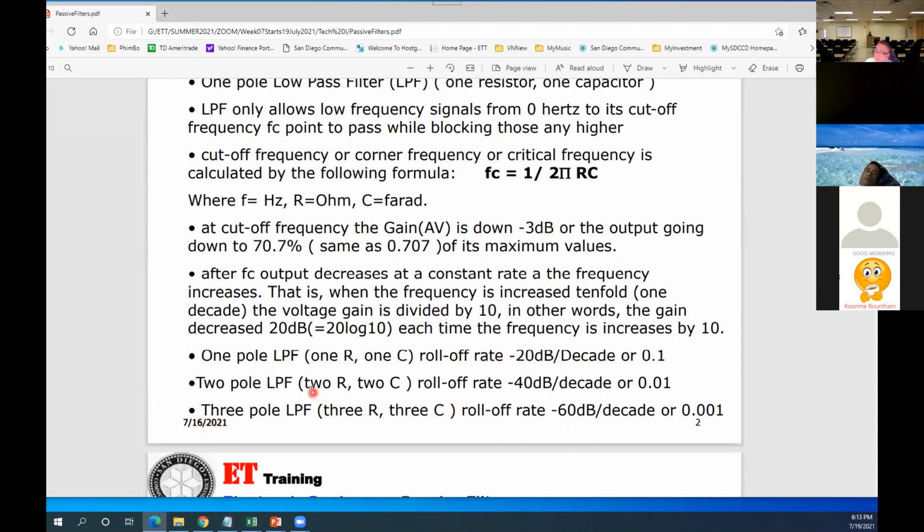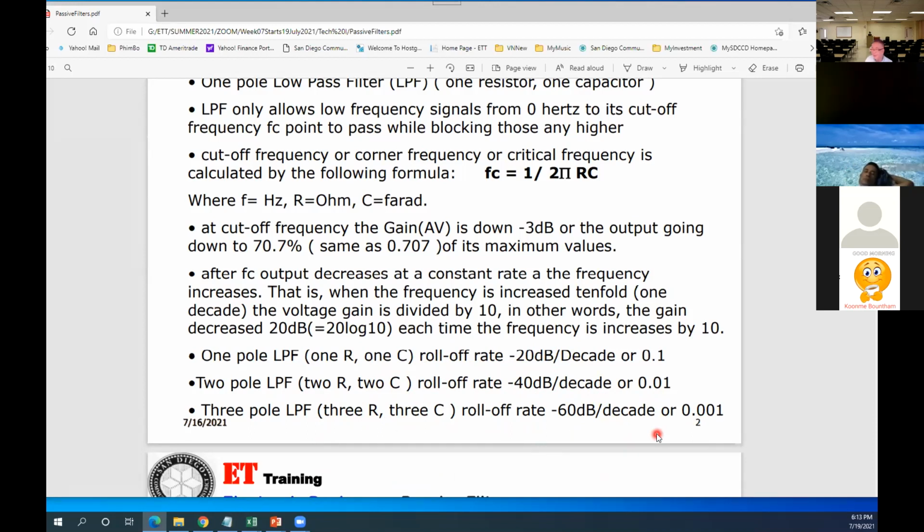Okay, now, one pole, the roll off rate will be minus 20 dB per decade. 2 pole, 2 R's, 2 C's, roll off rate will be minus 40 dB per decade, or 0.01. 3 pole, 3 R's, 3 C's, roll off rate 60 dB per decade, or 0.001.